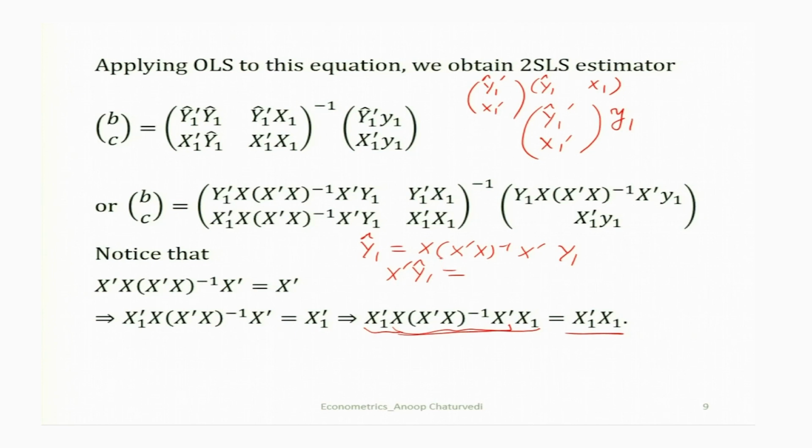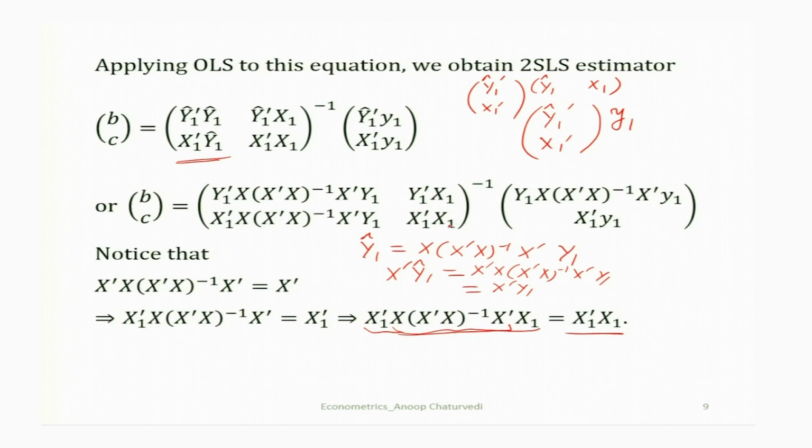So, if you take this term x transpose y 1 hat, then x transpose y 1 hat is equal to x transpose x transpose x inverse x transpose y 1. So, this is equal to x transpose y 1. So, y 1 hat transpose x 1 is equal to y 1 transpose x 1, and then this term is equal to x 1 transpose x transpose x inverse x transpose y 1, and then further you can solve it using this relation.